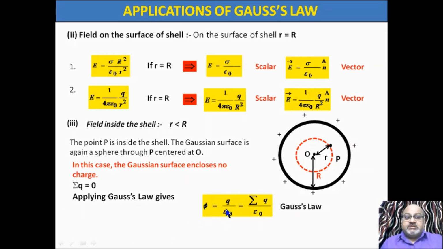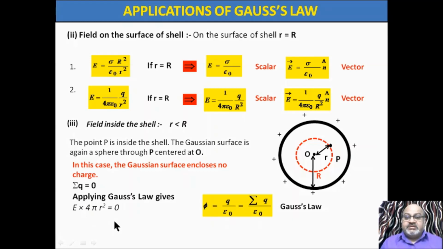Now apply Gauss law. Summation Q is 0. So phi is equal to summation Q by epsilon naught is the Gauss law. So what is phi? Phi is E 4 pi r square, but right side will be 0 because summation Q is 0.